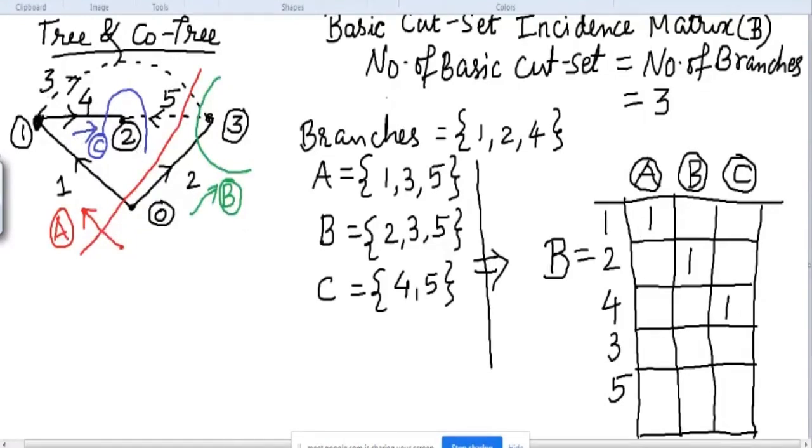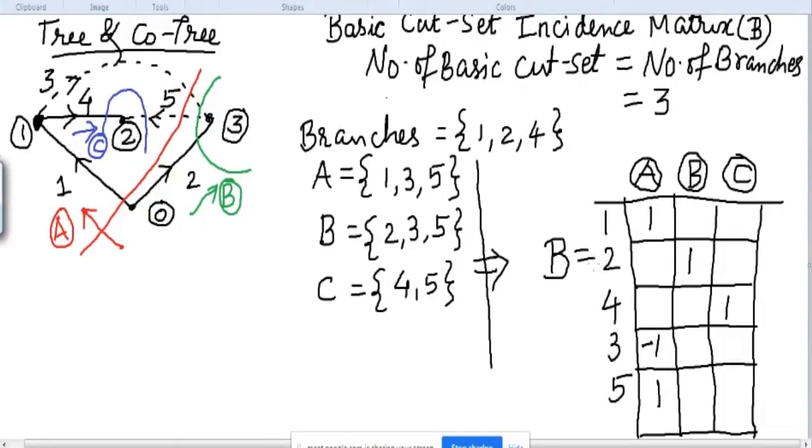So we can see here this 3 is outgoing. That means this 3 should be -1, right? And this 5, you can see it's incoming. So this 5 should be +1. Is it clear, everyone? The cut set A, is it okay, everyone?